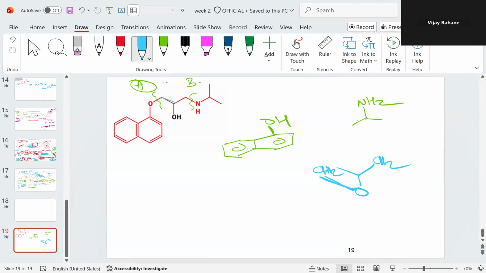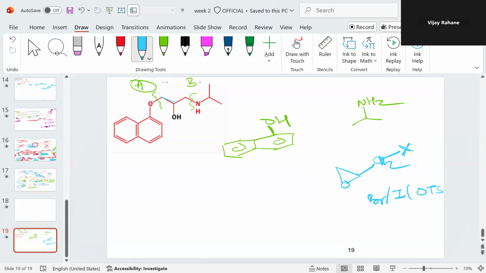That's the epoxide. So I'll just draw the clear structure of this epoxide. So this can be from this epoxide, and here it can be either bromo or any good leaving group, right? So this X can be bromo or iodo or tosylate.